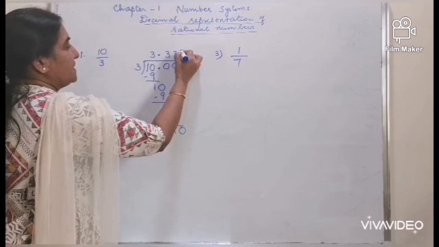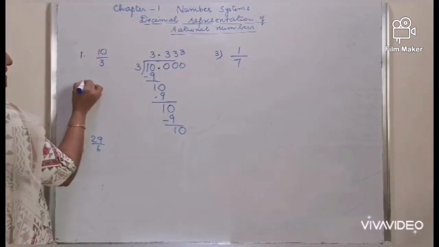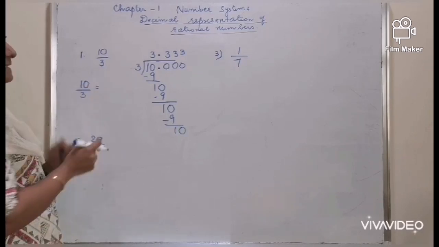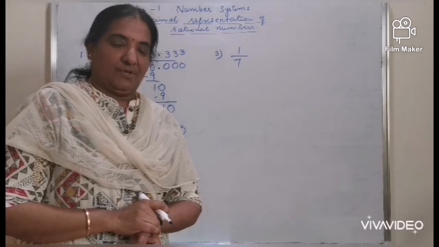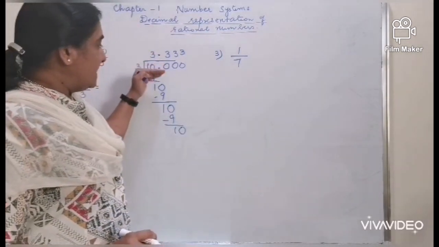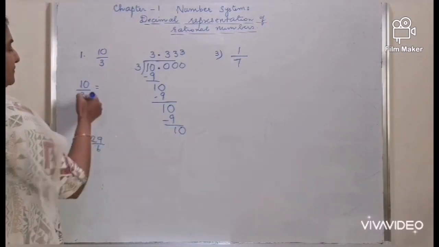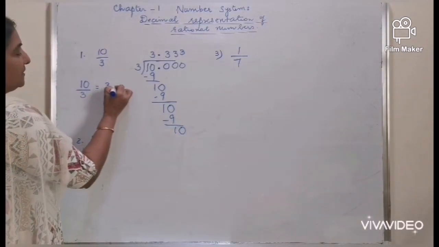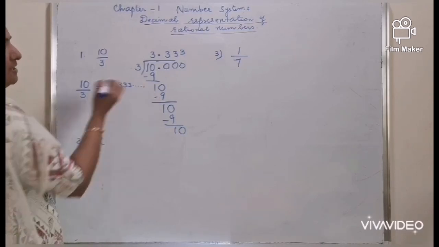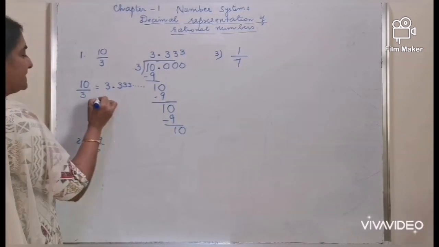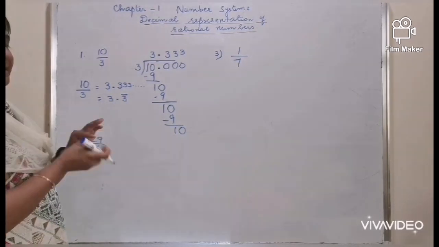You can see the decimal representation of 10 by 3 is not terminating, it is not stopping, it is continuing. So the decimal representation of 10 by 3 is 3.333 etc., or you will write it as 3.3 recurring.